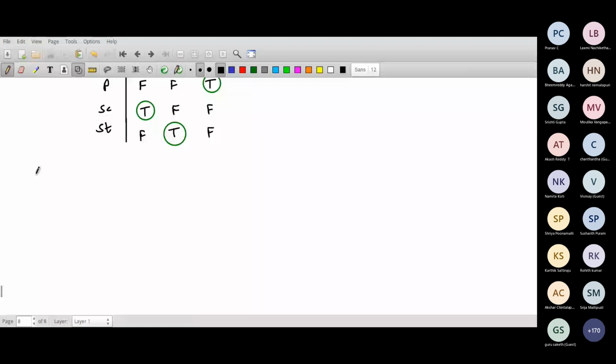So here beats is a two-ary function whose range is true or false.